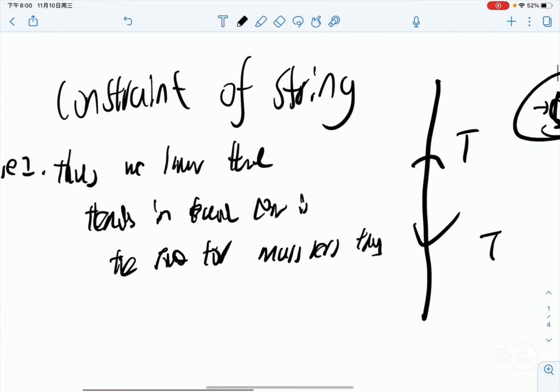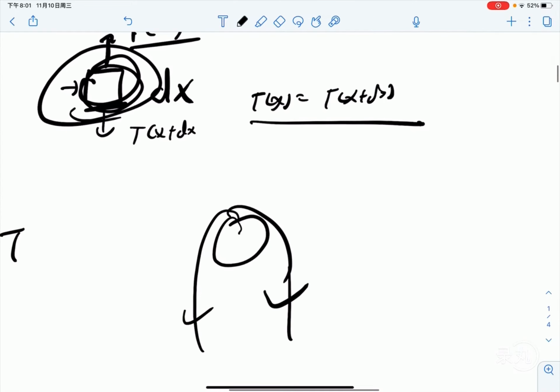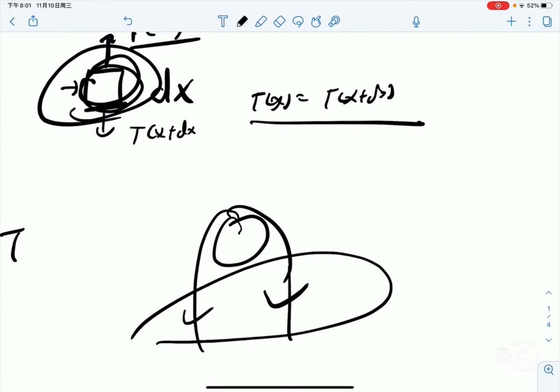And going to the pulley, if you have a pulley over here and it experiences the force, I'm going to show you that the tension on the two sides is also equal to each other.